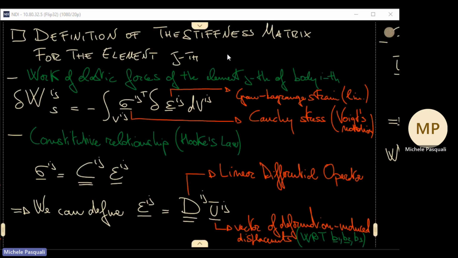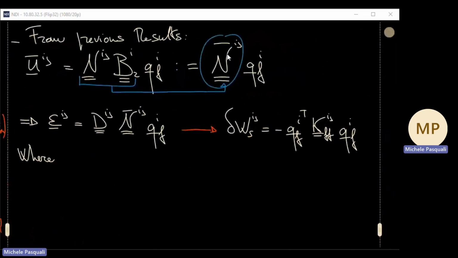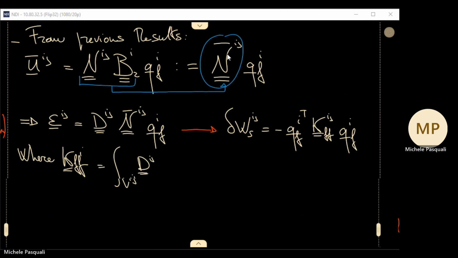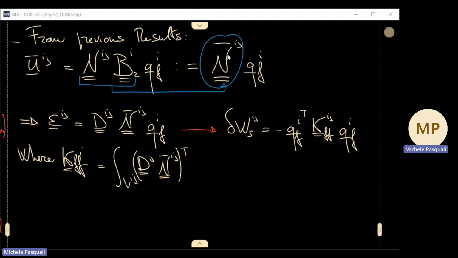Since we have already seen that the final expression can be written as such, you can already identify this part here, which is the integral over V_ij of the transposed matrix C_ij, which is the matrix of the constitutive law, the linear constitutive relation, in the V_ij.